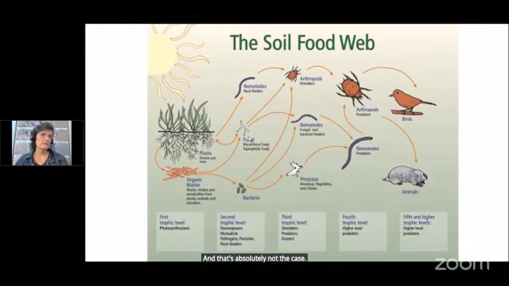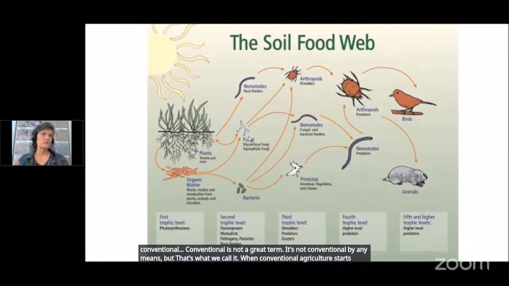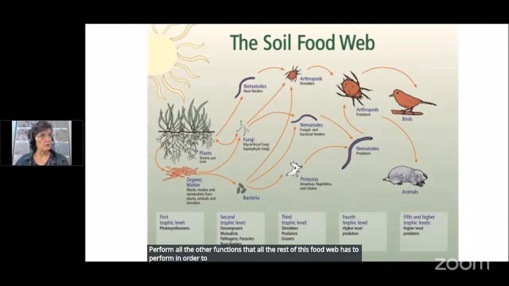Usually what we see is, as conventional agriculture, which is not a great term, it's not conventional by any means, but that's what we call it, starts to destroy all of these organisms, you're basically left with nothing but bacteria, and bacteria alone cannot perform all the other functions that all the rest of this food web has to perform in order to benefit your plant in all the ways that are possible.